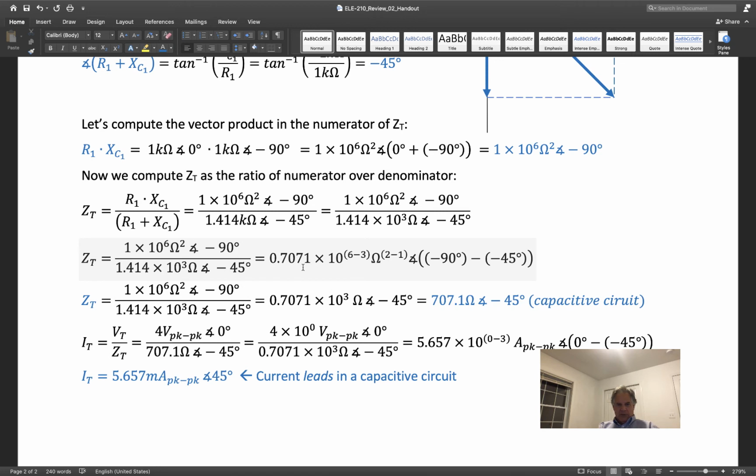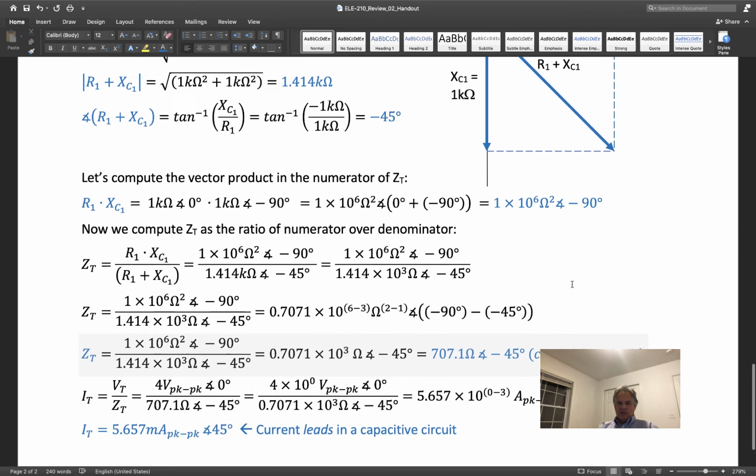And our 0.7071 times 10 to the 3rd ohms, when you multiply it out, you're going to get 707.1 ohms, because you got 10 to the 3rd, you can move this decimal point over 1, 2, 3, and then you've got 707.1 ohms at minus 45 degrees.